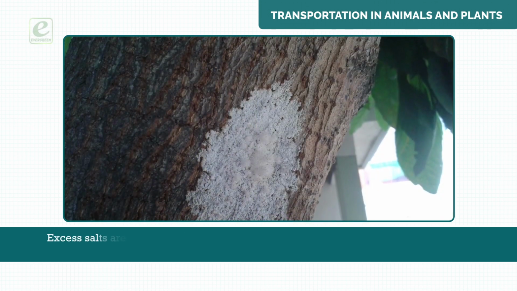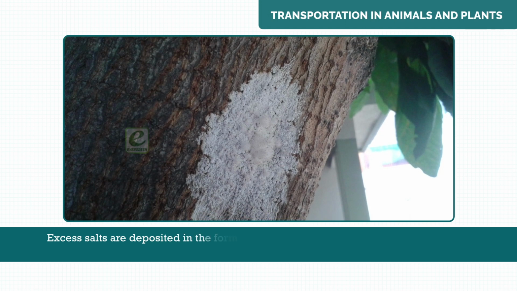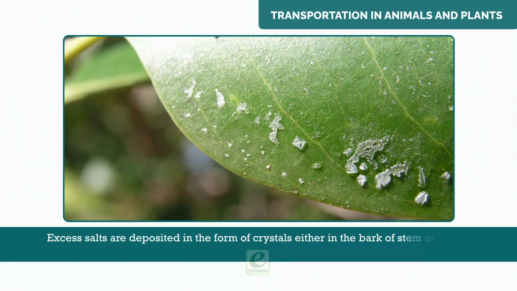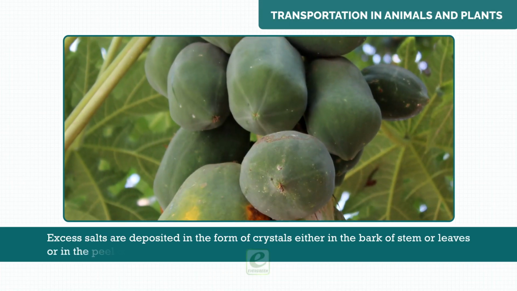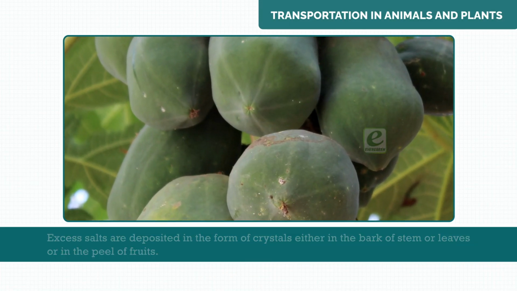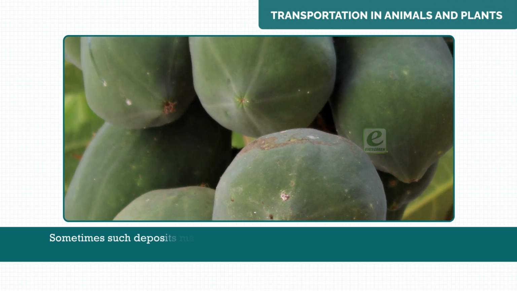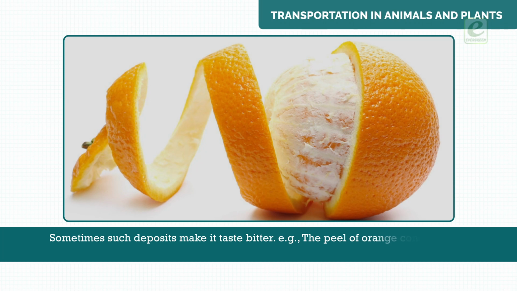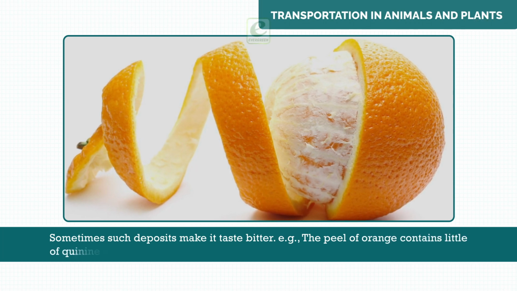Excess salts are deposited in the form of crystals either in the bark of stem or leaves or in the peel of fruits. Sometimes such deposits make it taste bitter. Example, the peel of orange contains a little of quinine crystals.